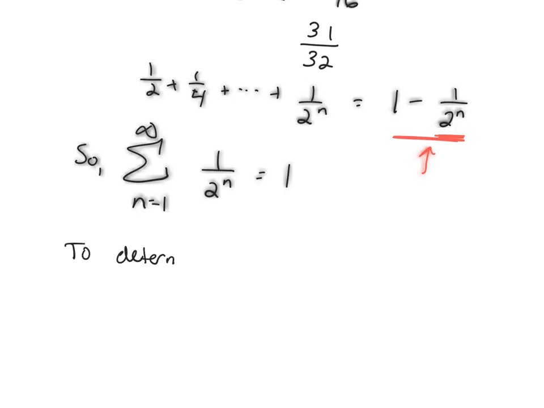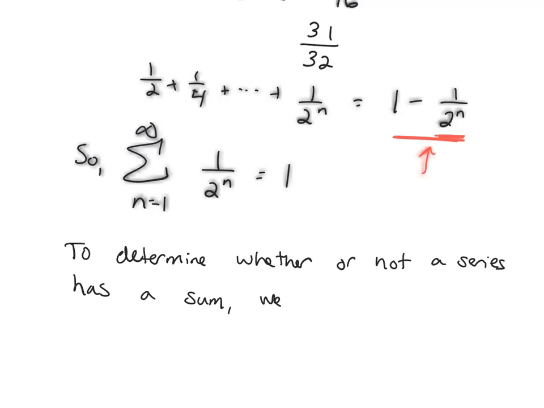To determine whether or not a series has a sum, we consider something called the partial sums.